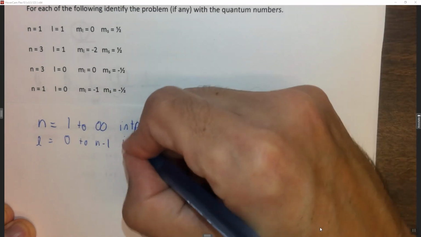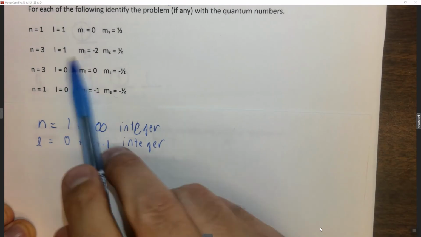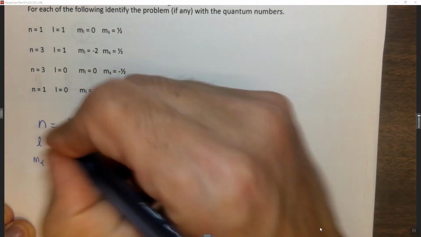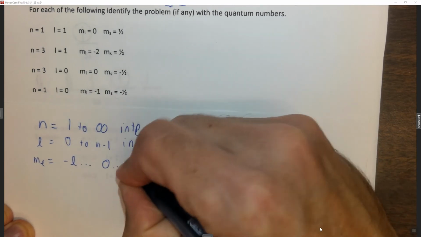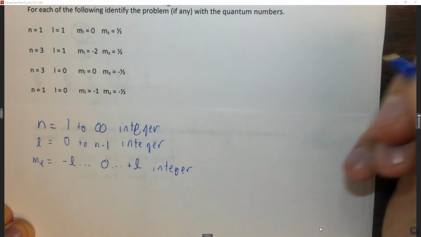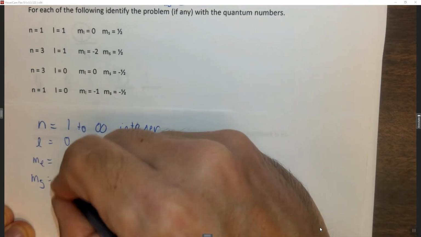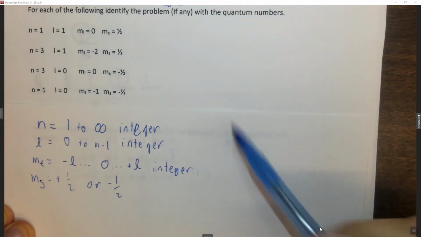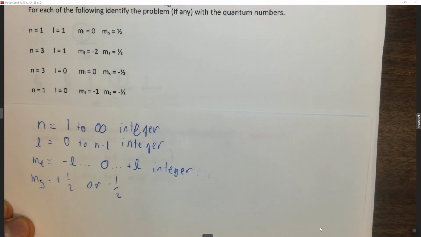And again, it has to be an integer. The magnetic quantum number, m sub L, is from negative L through 0 to plus L. And again, it has to be an integer. It can be a negative integer. And m sub S is either plus 1/2 or minus 1/2, spin up or spin down. So these are the possible values of the quantum numbers.